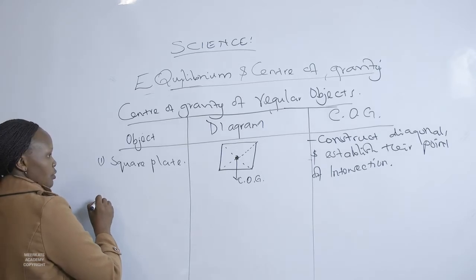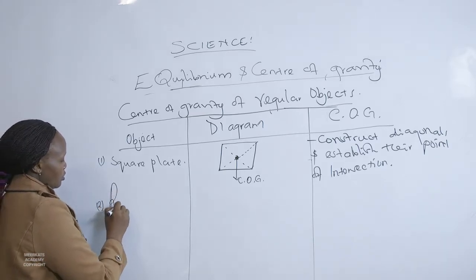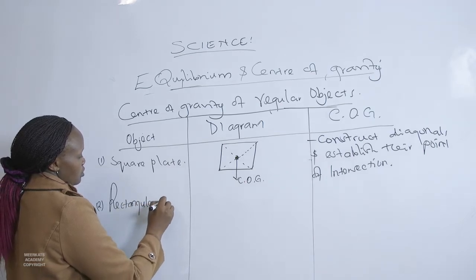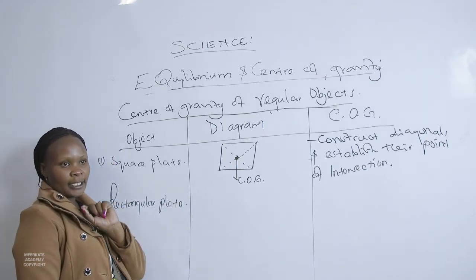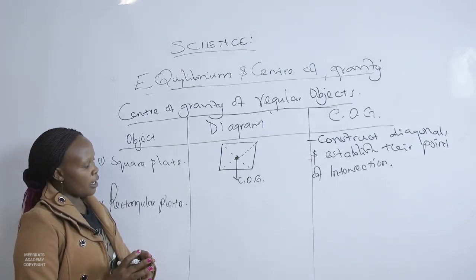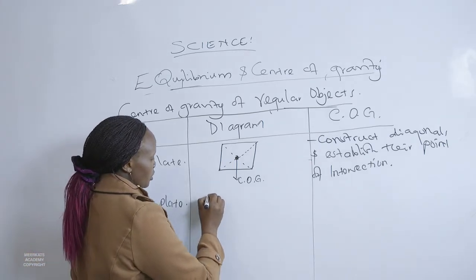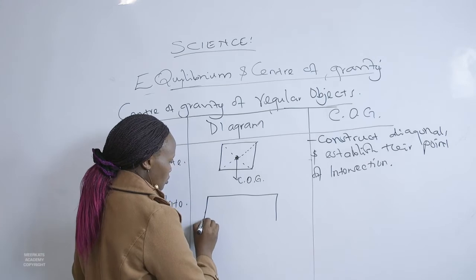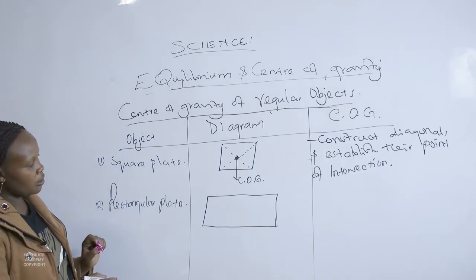We could also have a rectangular plate. Note that we said that the COG, or the center of gravity, is the geometric center of an object. Therefore, for a rectangular plate, we will draw it as well. That's a rectangular plate.